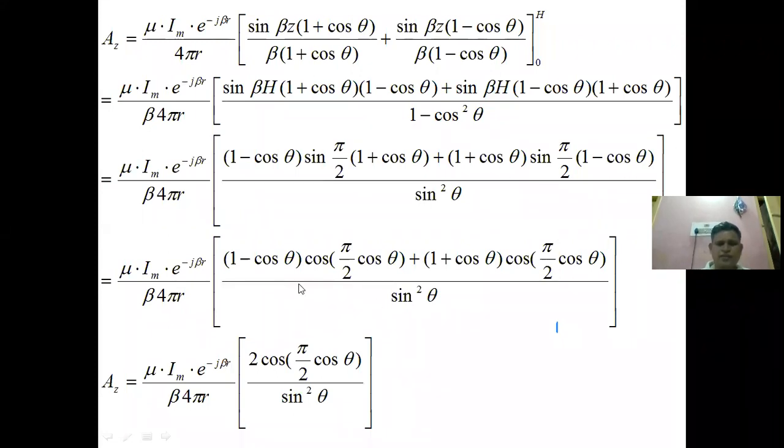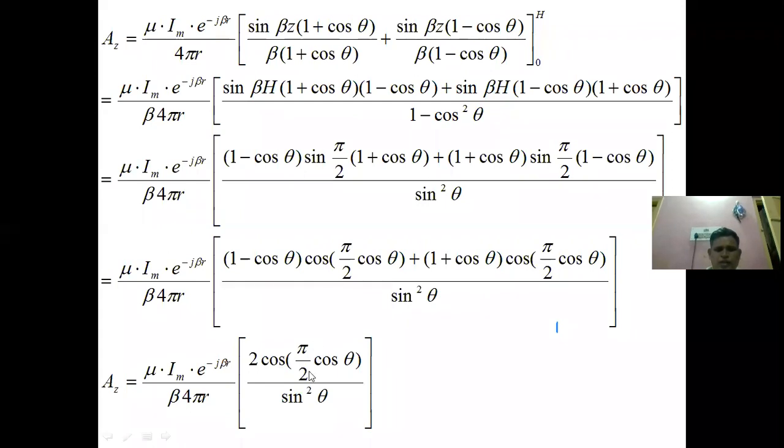Further, if you simplify this, cos of π by 2 cos θ is the constant. And here, 1 minus cos θ, if you multiply these things, all terms get cancelled. Here 1 is there, so if you multiply this, this term and this term will get cancelled.